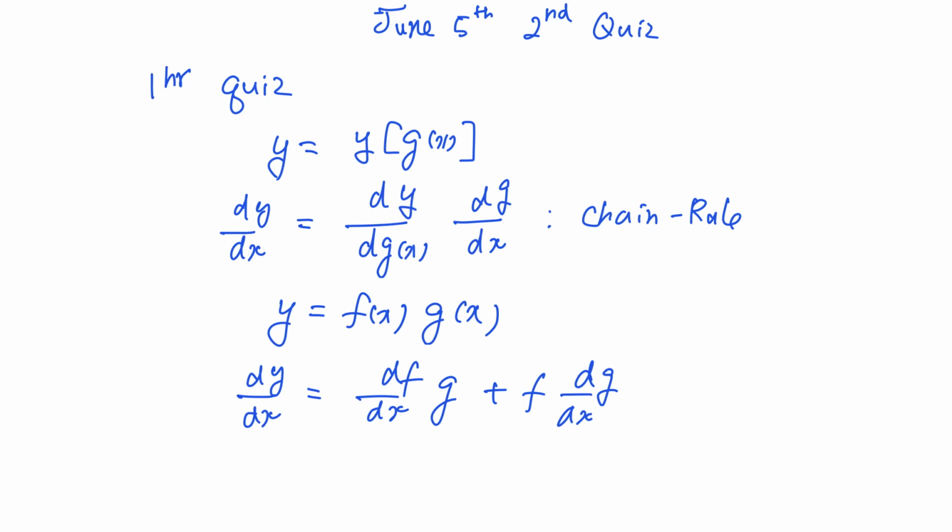So for example, y(x) is secant x, which is 1 over cosine x. So we can set g(x) as cosine x.